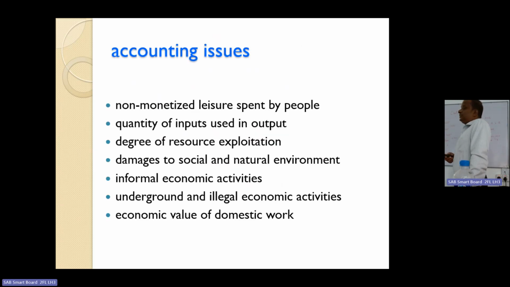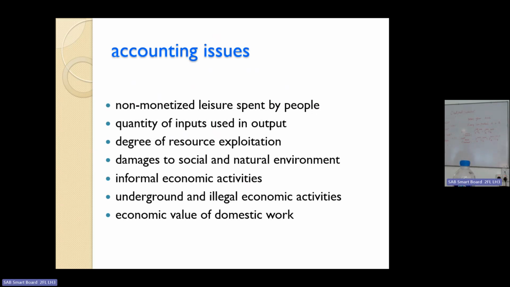But there are some issues also, right? How can we figure them out? What we do is the non-monetized part. There are two things, working and leisure.